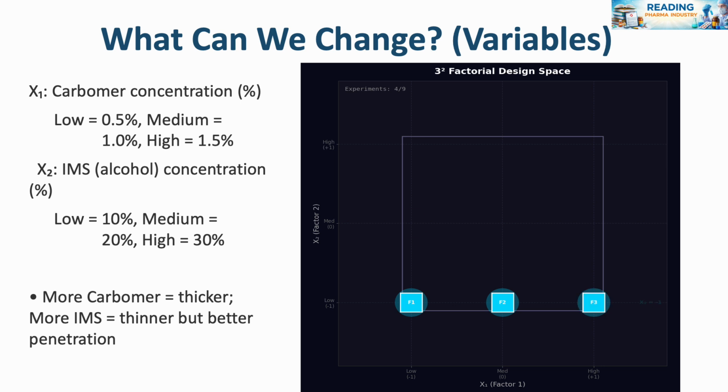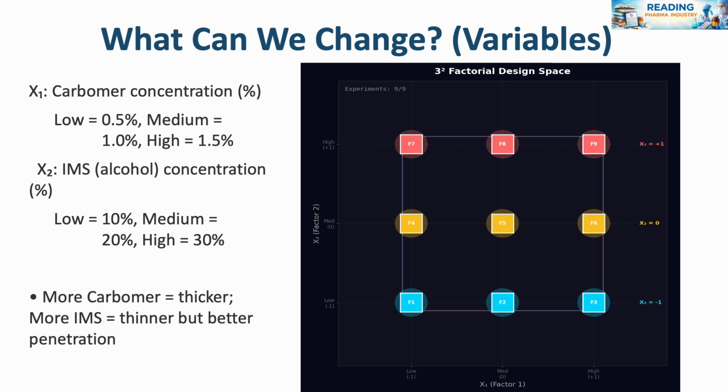That brings us to this design, which we have been discussing in other topics here, of factorial design and optimization. The first thing we do is choose the variables, and in this case we'll use the thickening agent, or the polymer, which is the carbomer.